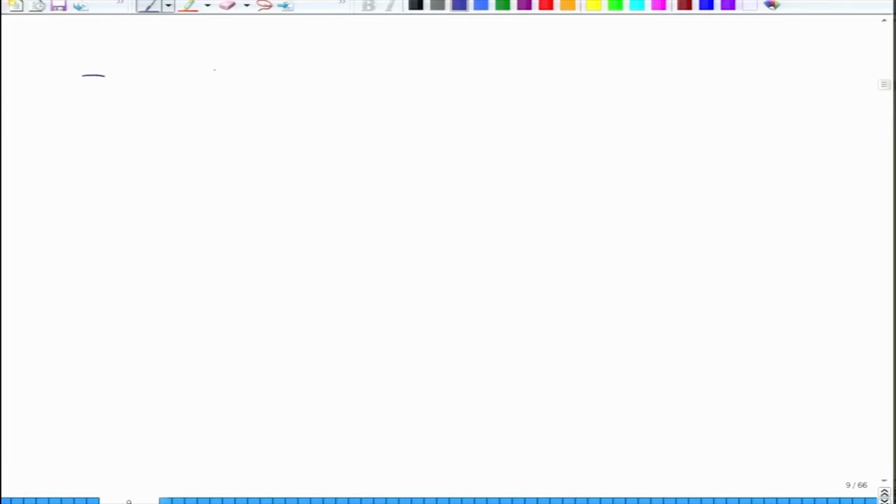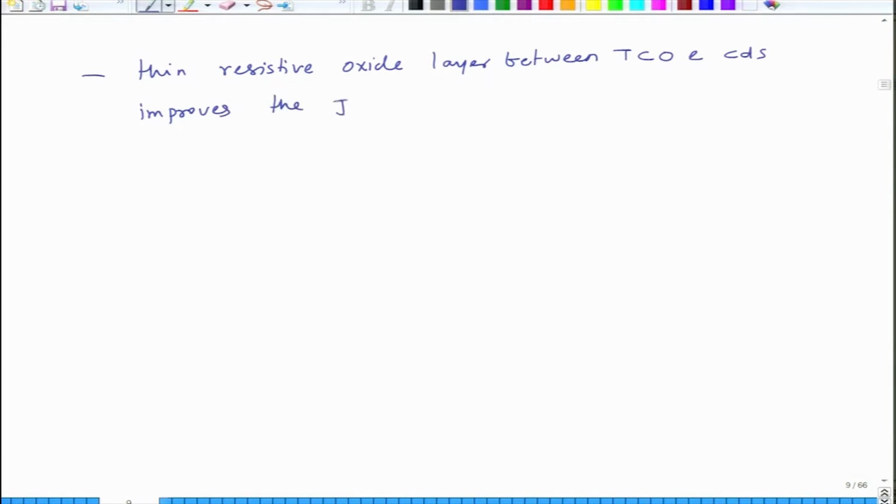Sometimes also if you put a thin resistive oxide layer between TCO and CdS, it improves the junction.